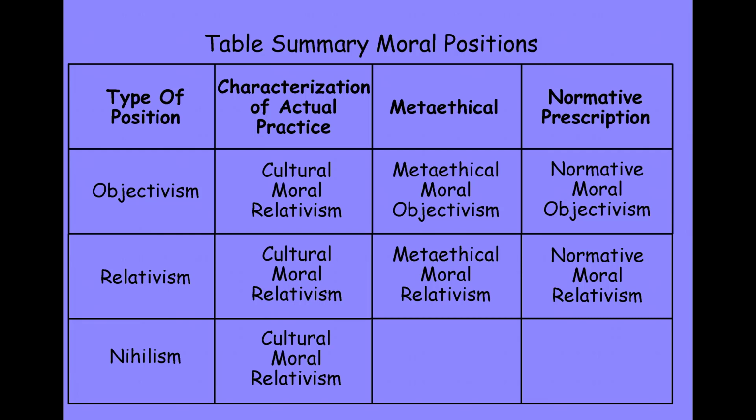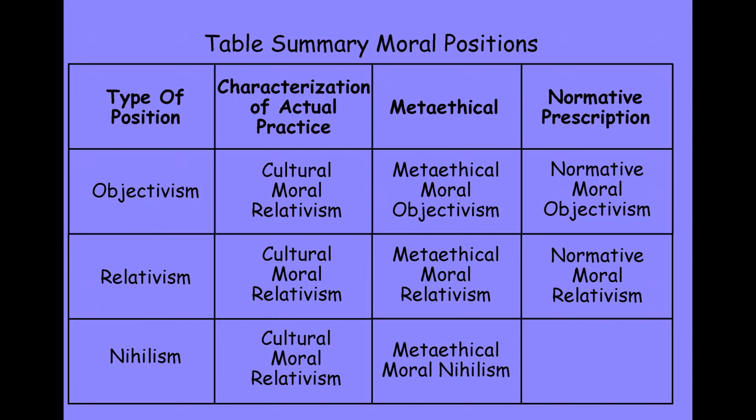Finally, we have that meta-ethical position, nihilism. Meta-ethical moral nihilism asserts that there are no objective or relative facts that make moral judgments true or that render moral judgments false. There just aren't features of reality that can help us to make rational, correct, true judgments about a course of action.